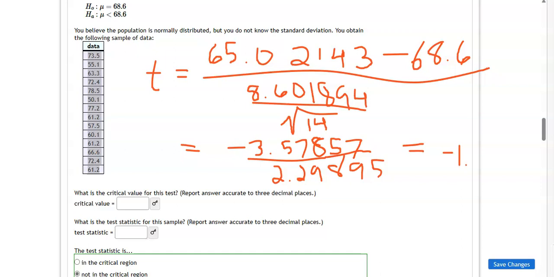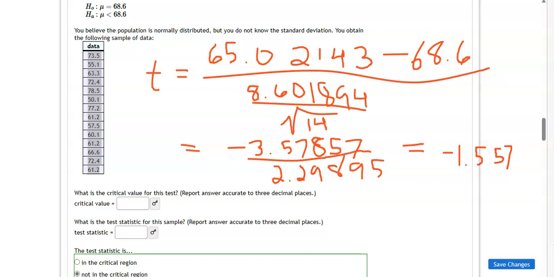Let's see, we want to report that to 3 decimal places, so negative 1.557.